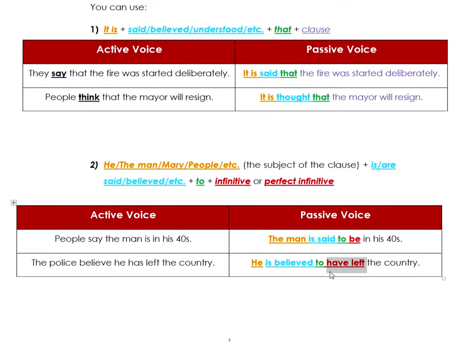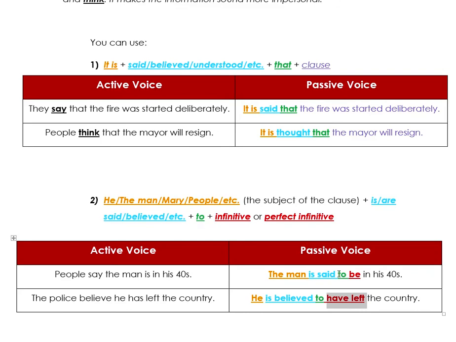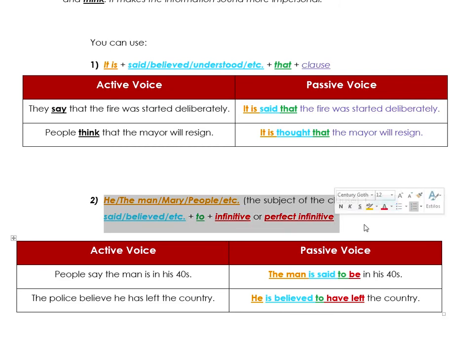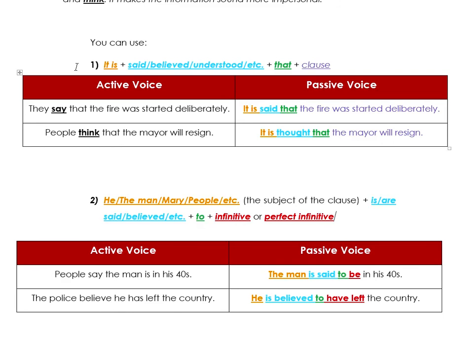Entonces tenemos dos maneras de utilizar voz pasiva en una manera más formal. It is plus one of these verbs plus that plus the clause, or the subject of the main clause plus is or are plus the verb plus to infinitive or to perfect infinitive. Okay, so pay attention to this structure.